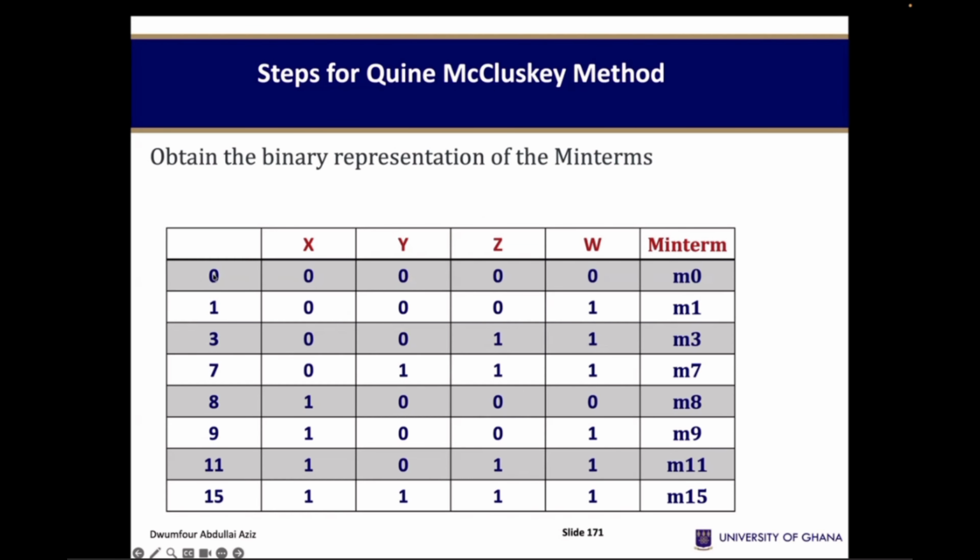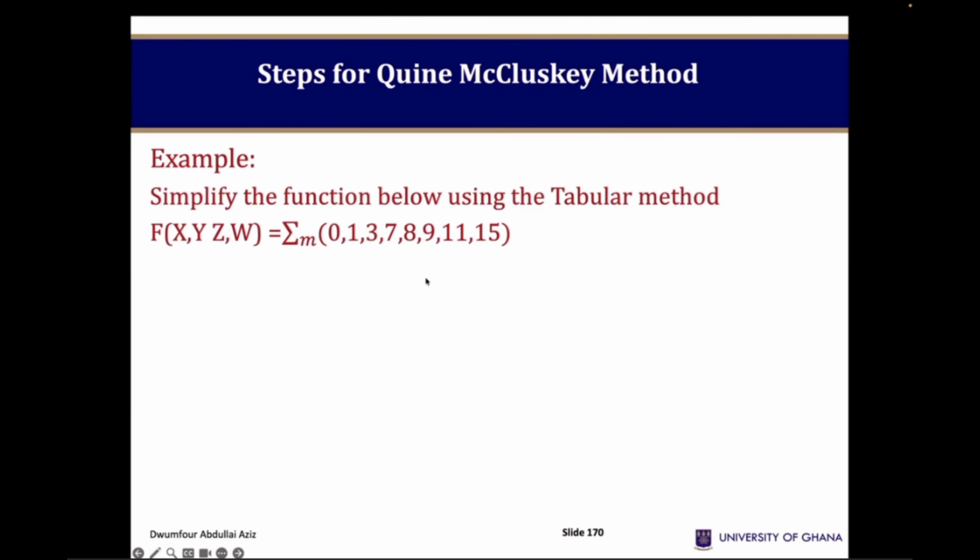We write it in the binary representation. And don't forget that these are the input variables, W, X, Y, and Z, right? Since there are 4 inputs, it means that each minterm would have 4 bits to represent it, 1 for each of the variables.